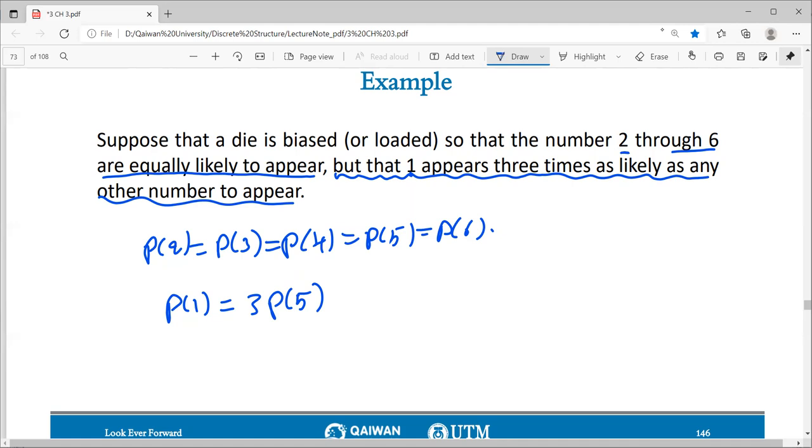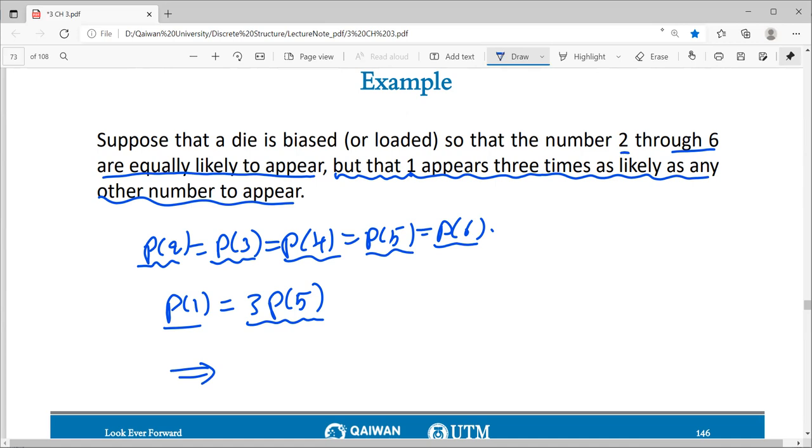To find it, we say P1 equals 3 times P5. As P2, P3, P4, P5, and P6 are equal, you can replace any of these with any of the others.